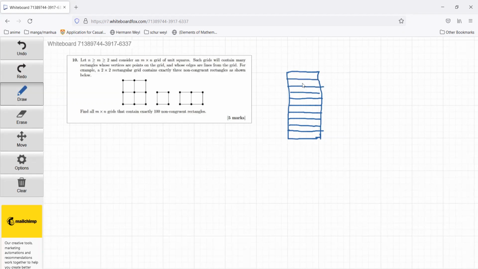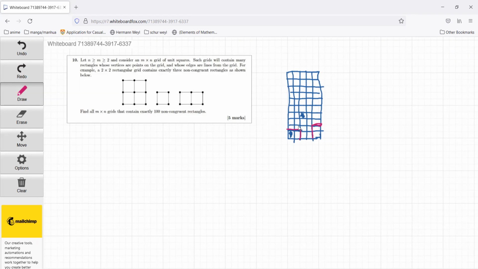The congruent rectangles are essentially just the rectangles with the same side lengths, right? So for example, this is congruent to this. These are both 1 by 1 rectangles. This thing here is congruent to this. These are both 1 by 2. Even though the order is swapped, this is a 2 by 1, this is a 1 by 2.